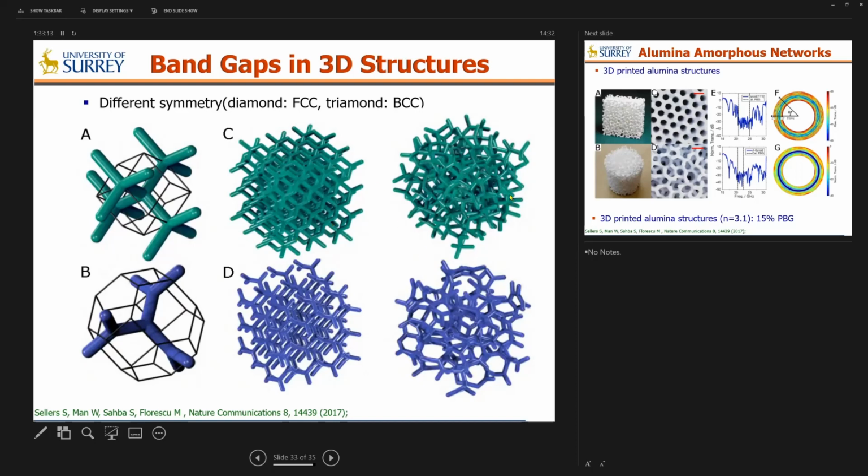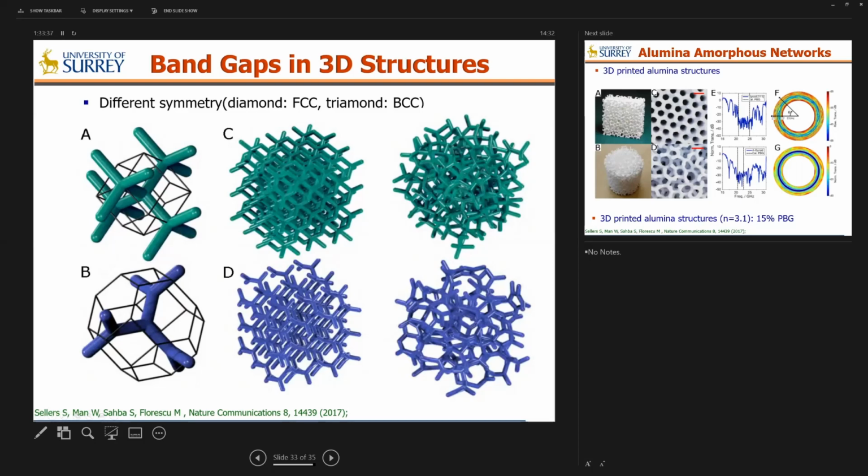Now, for the photonics problem, there is a very important characteristic related to diamond. If you go to 3 dimensions and ask what structure presents the largest photonic bandgap in 3 dimensions, it turns out that it is precisely the structure based on this diamond network.